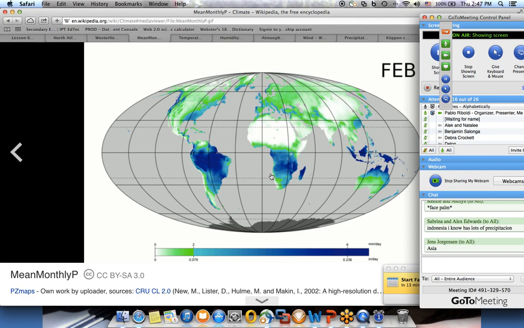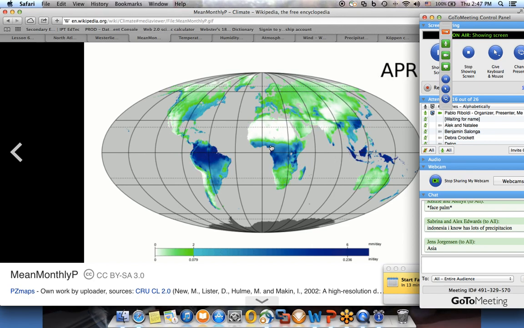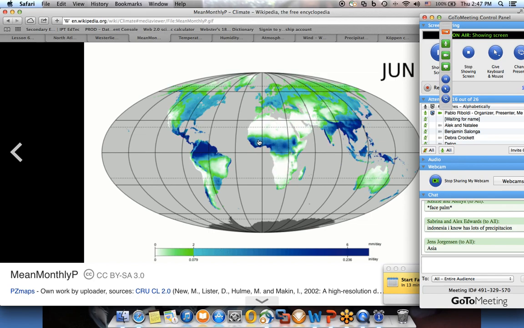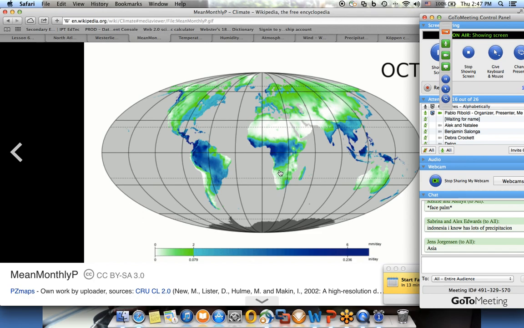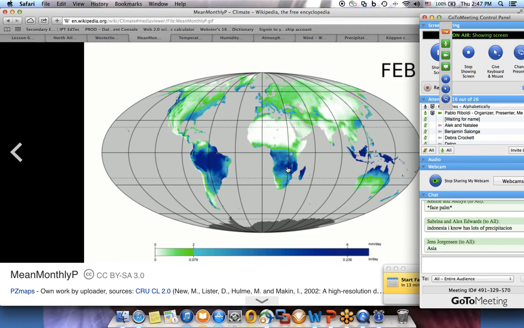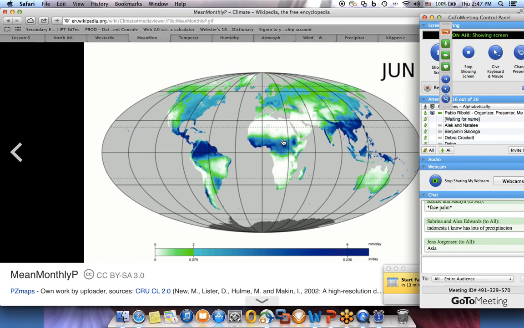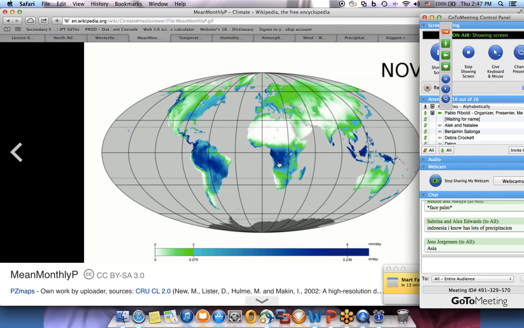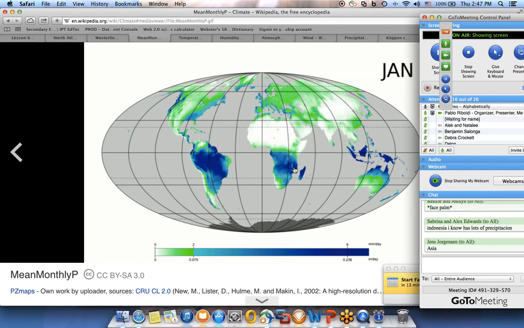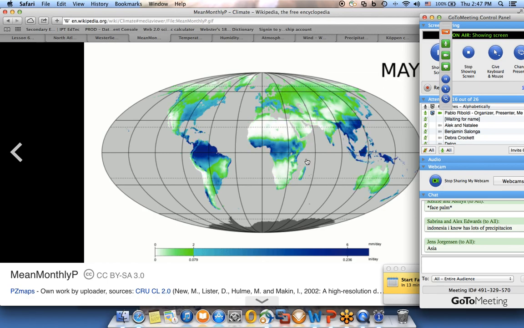And then you have here the meridional part of Africa that also gets precipitation. It goes up and down depending on the time of the year. It follows basically the heat, everywhere where there are summer months in the northern hemisphere. The summer months here, it rains over in this part.